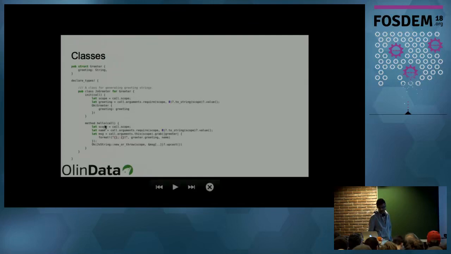And then here's another method, hello, which has one argument, which is a name. And then it also accesses this argument in the method, which in JavaScript refers to the object itself, which refers to this whole greeter object.